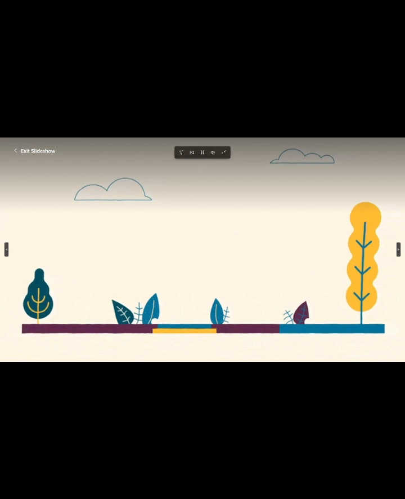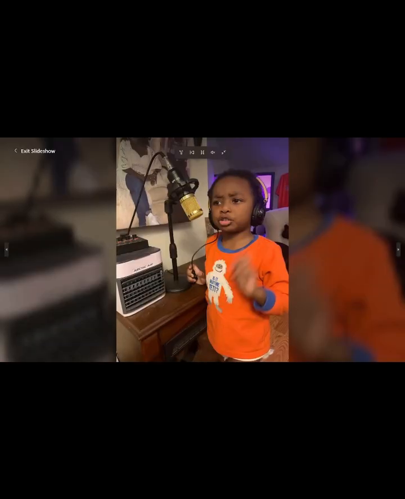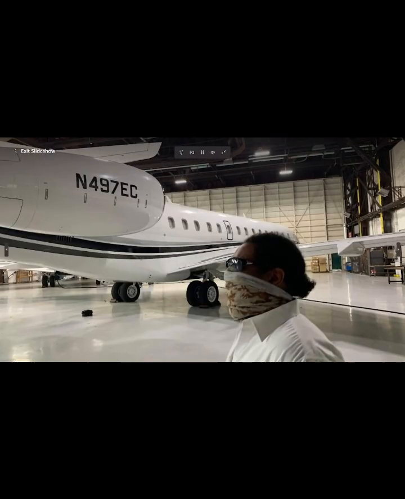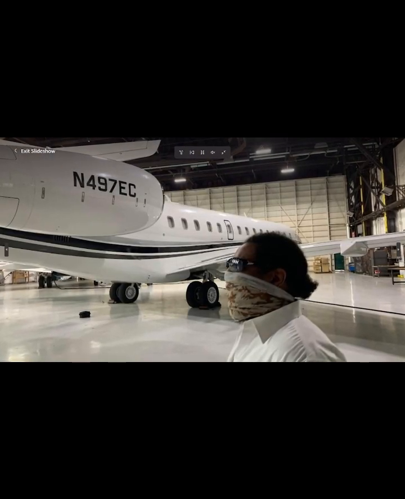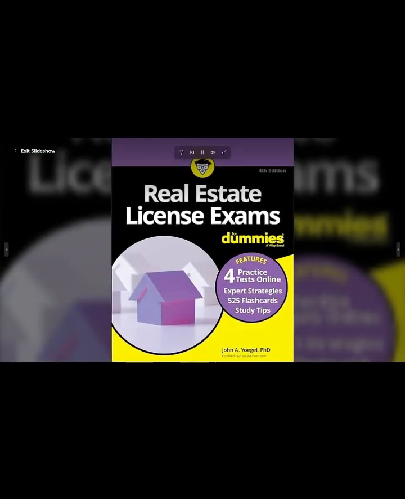Next, you subtract selling expenses, such as commission expenses and closing costs, from the selling price of the property. That total is called the net selling price. Finally, the adjusted basis is subtracted from the net selling price, and it results in a capital gain.